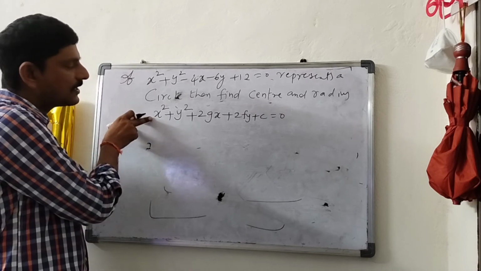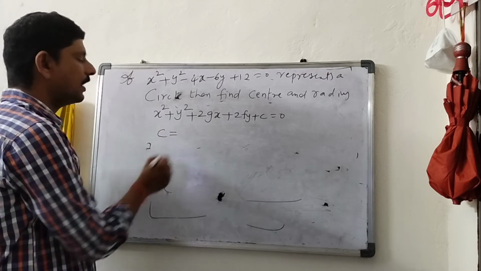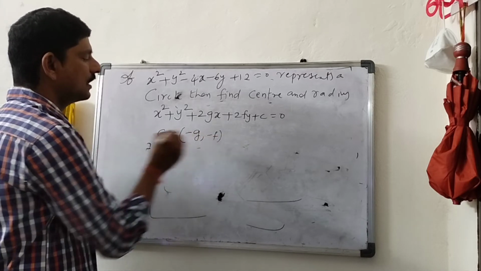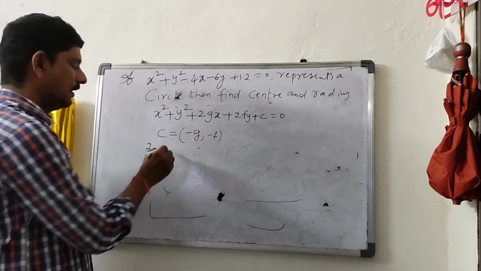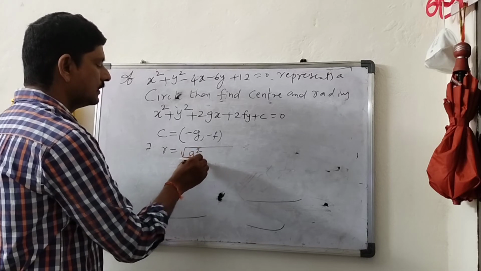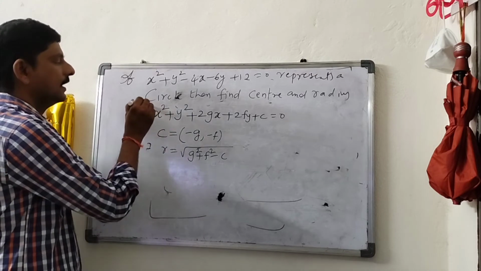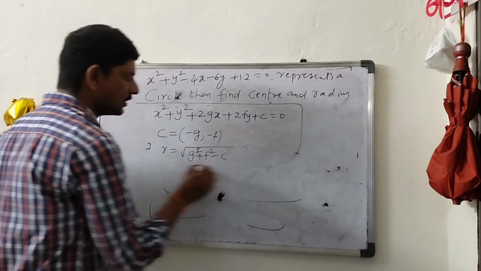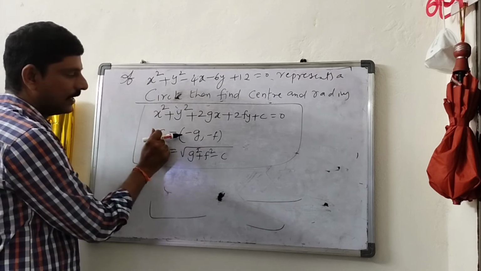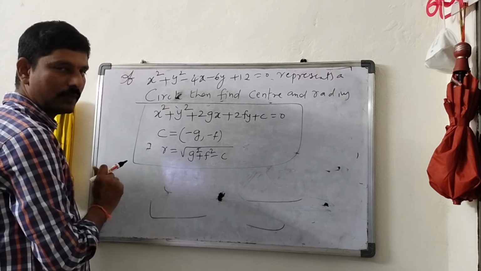If general form of the circle is given, then the center formula is, remember, (minus g, minus f). Radius formula is square root of g square plus f square minus c. Please remember this. If the equation of circle is given in general form, then center formula is (minus g, minus f). Radius formula is root of g square plus f square minus c.